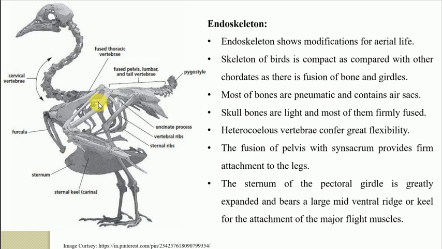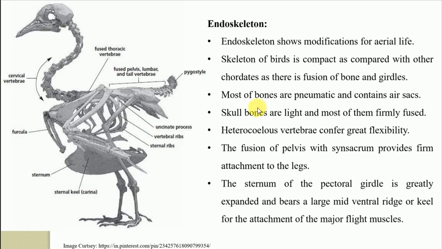So the bones are reduced, and the bones are fused particularly in the girdles, the pectoral girdle and the pelvic girdle. They contain bone, but the bones are fused with one another as compared to other chordates.